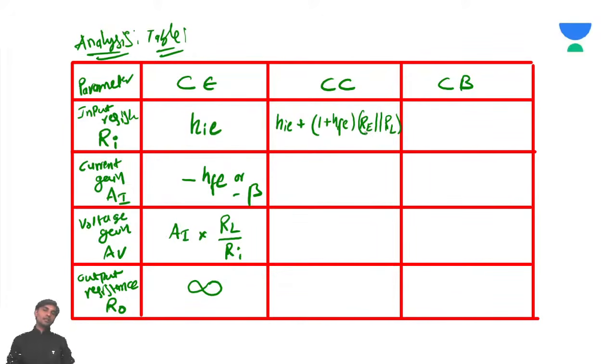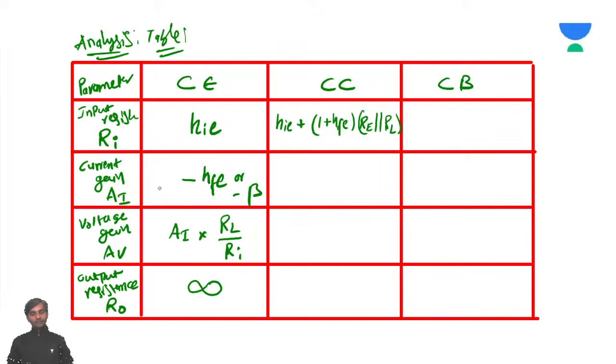What is RE, sir? Emitter resistance of common emitter configuration. In common collector, RE must be considered, because you will collect output across the load resistance, output across this RE, the emitter terminal. So that is important.